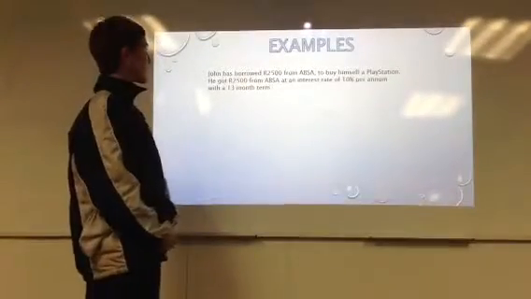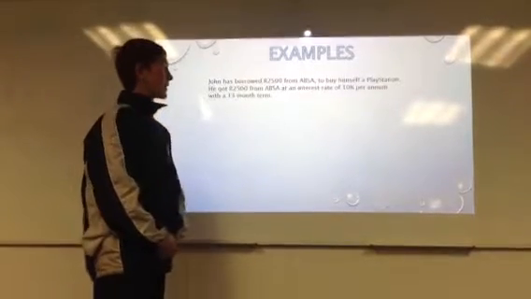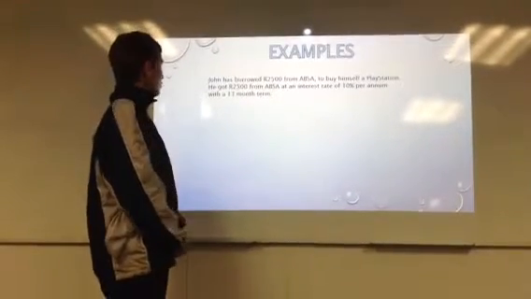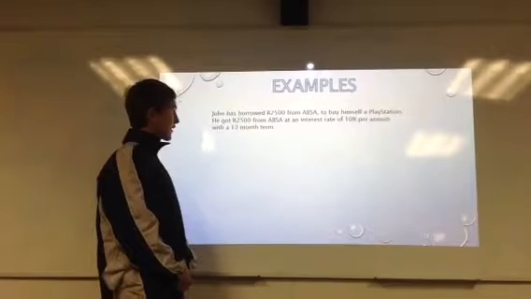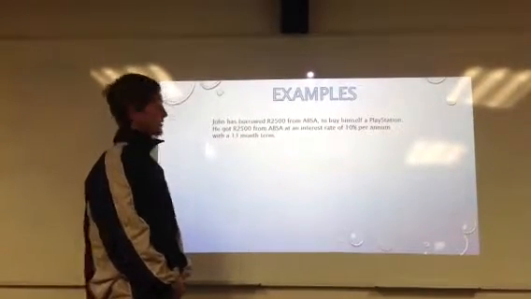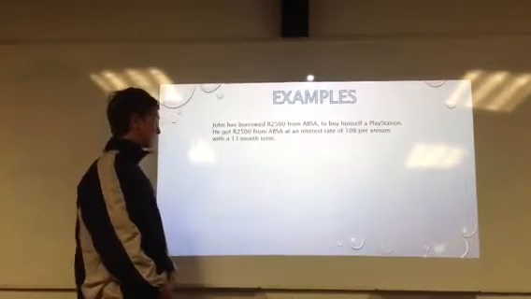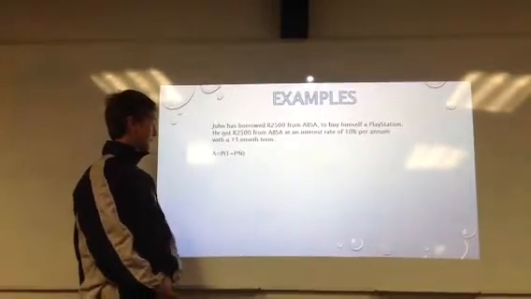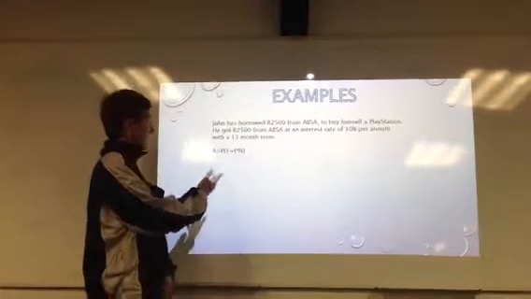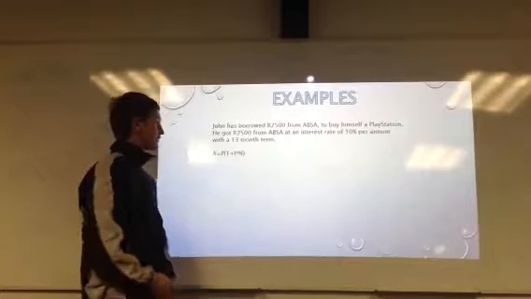John has borrowed 2,500 Rand from ABSA to buy himself a PlayStation. He got 2,500 Rand from ABSA at an interest rate of 10% per annum with a 13-month term. This is the formula: A equals P times (1 plus I times N).